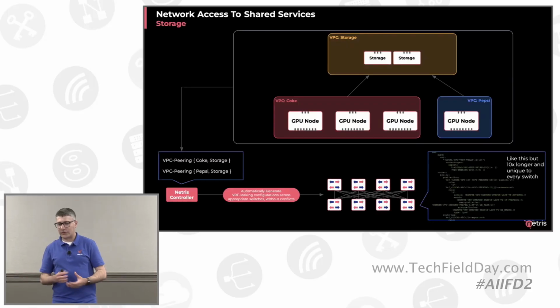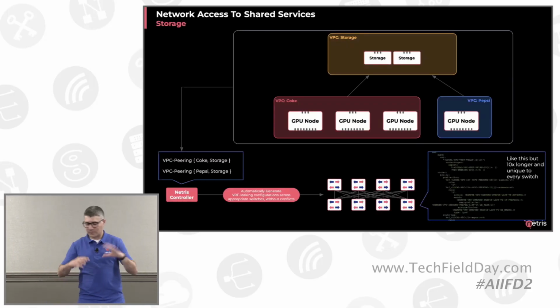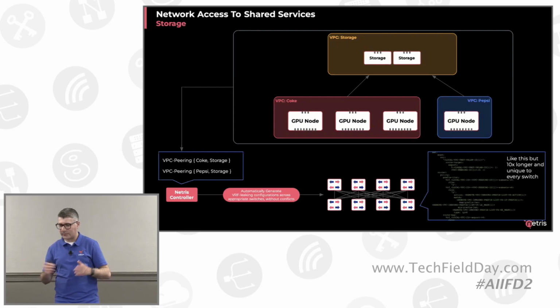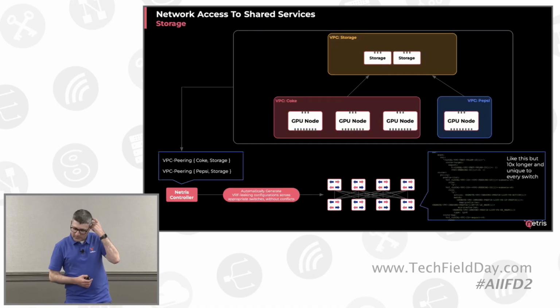Then a very, very common question. You have these two tenants, Coke and Pepsi, for example. And how do we provide shared storage? Now, different storage vendors have different methods to identify customers and to isolate.